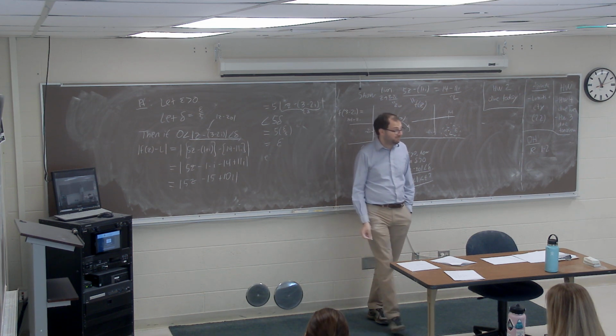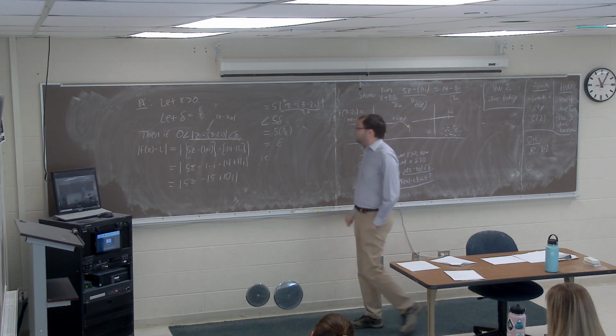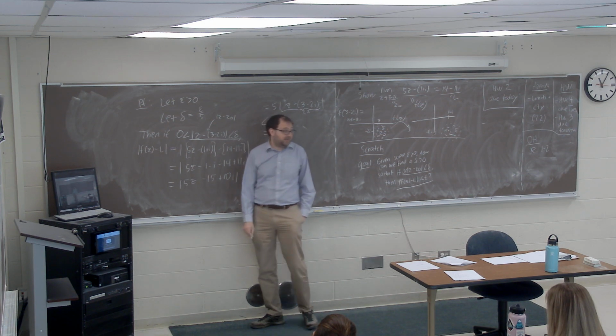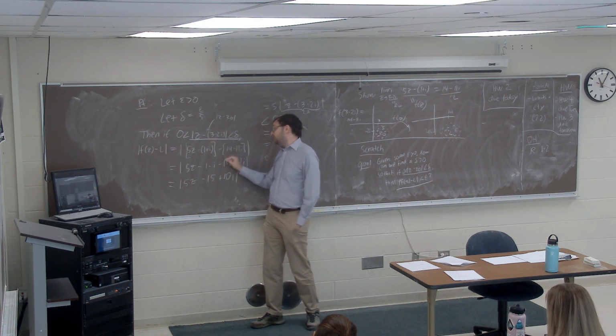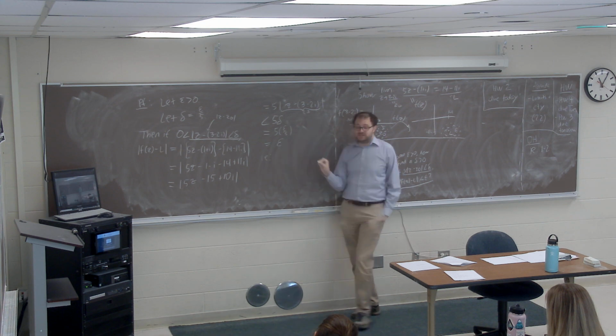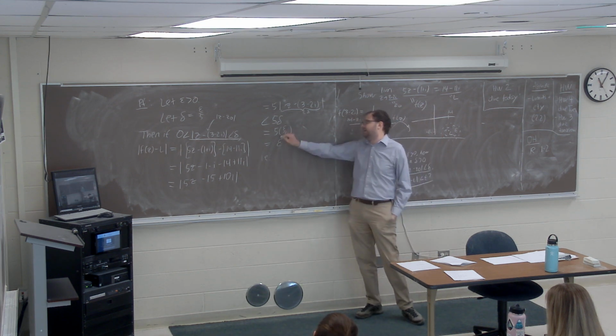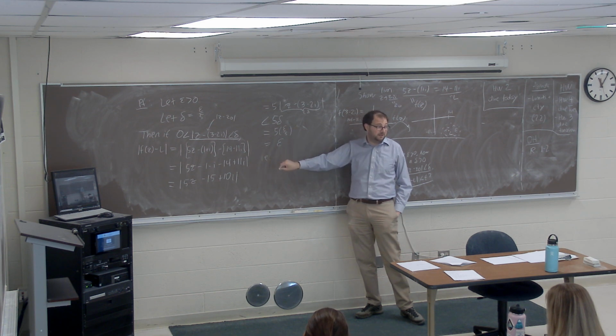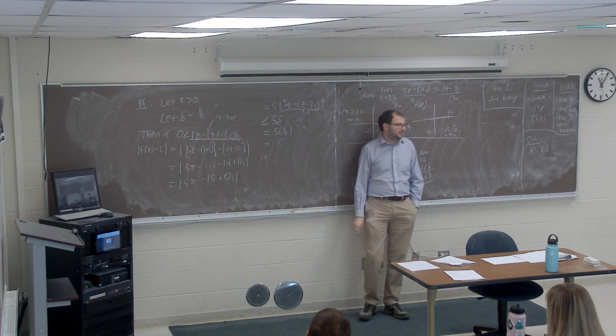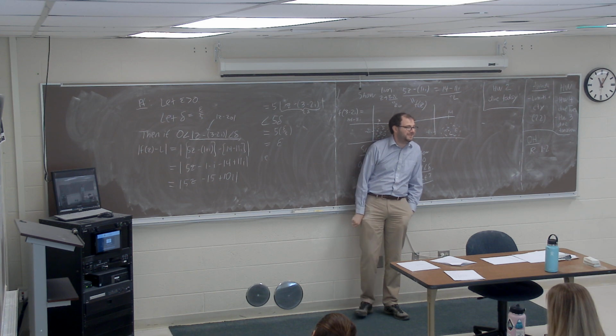So Gary, that proves that the distance from f of z to L is equal to something, which is equal to a thing, and so on, is strictly less than something, which is equal to epsilon. What conclusion can we draw from this string of inequalities?